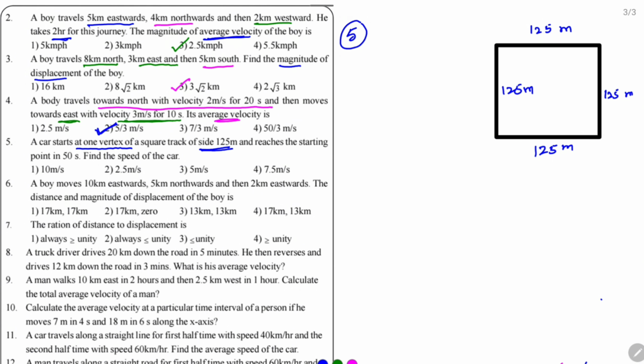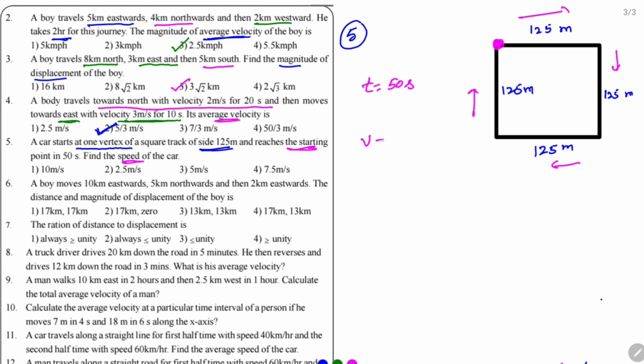Fine. It starts from one of the vertices. So let us assume it starts from here and moves in this direction. Clear? And reaches the starting point in 50 seconds. So it takes 50 seconds to reach the starting point again. Clear? Now, find the speed of the car.